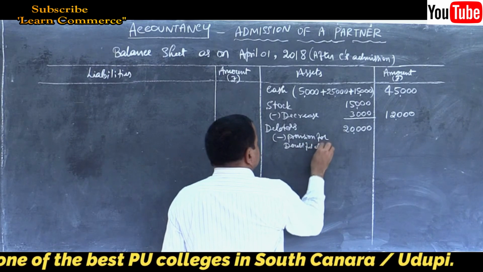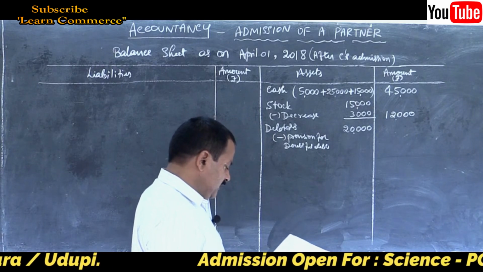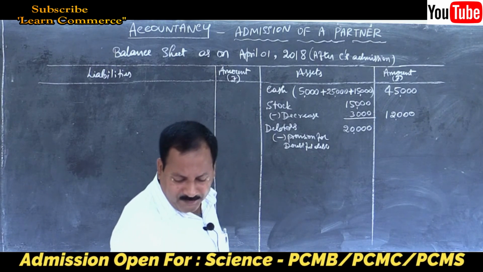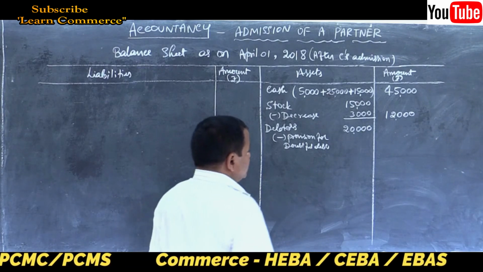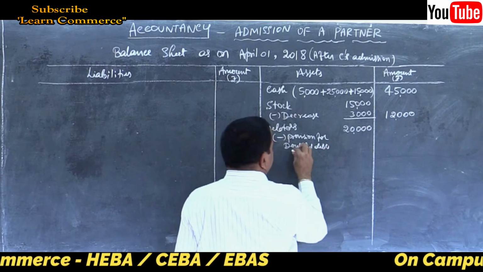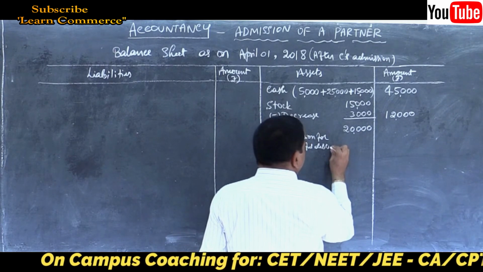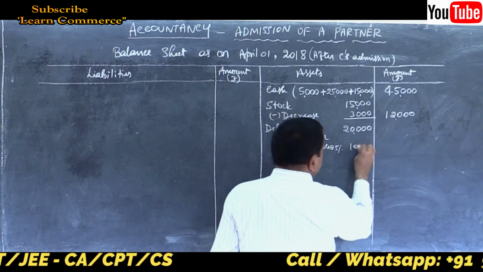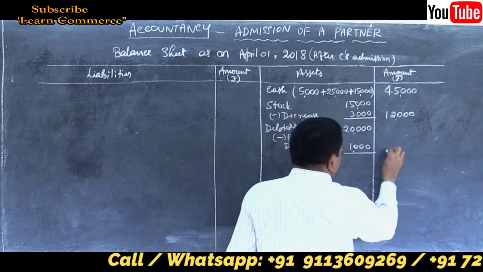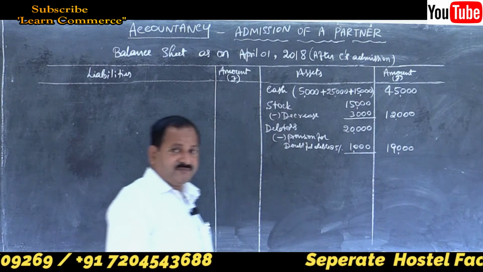How much? It is 5%, I think. Yes, to be maintained at 5% on debtors. So show here 5%. How much? Doubtful debts at the rate of 5%. So 1,000 deducted, write the net amount in outer column, 19,000.